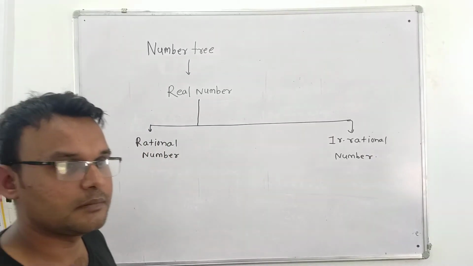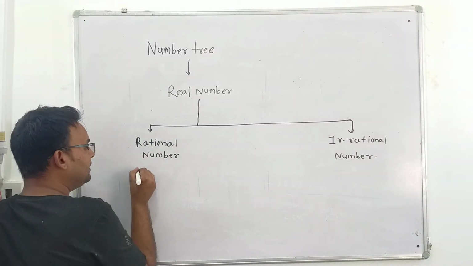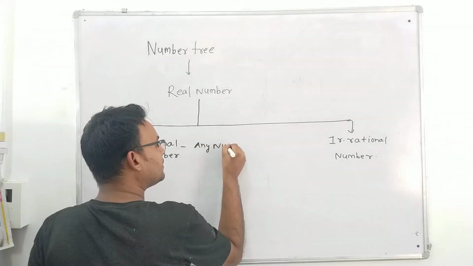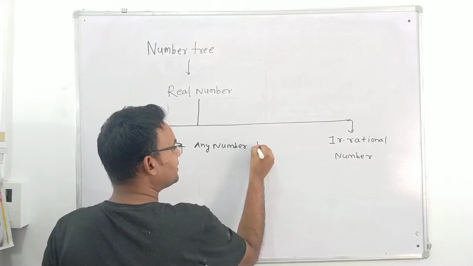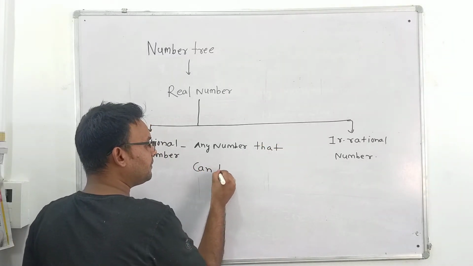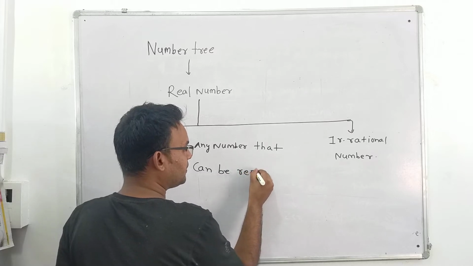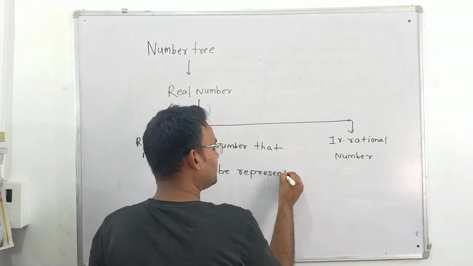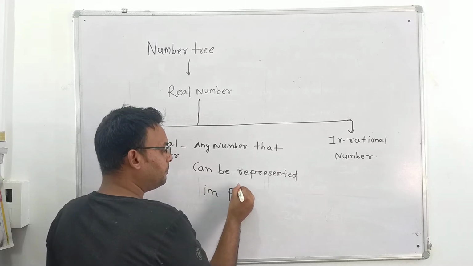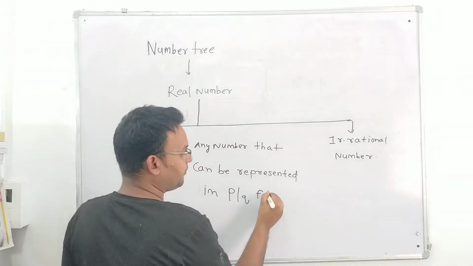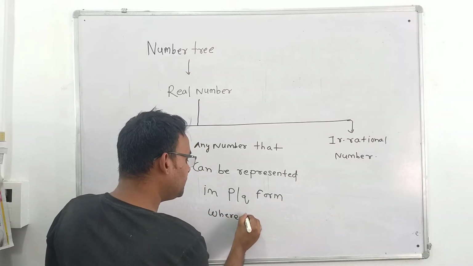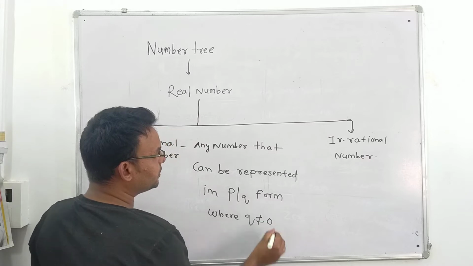Now rational number: any number that can be represented in p by q form, where q is not equal to 0.